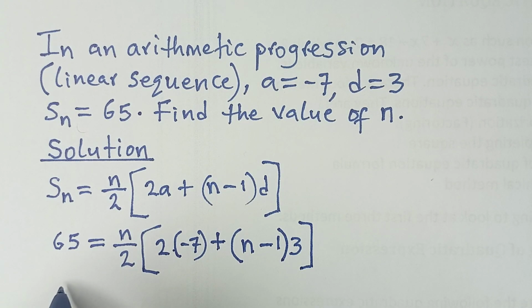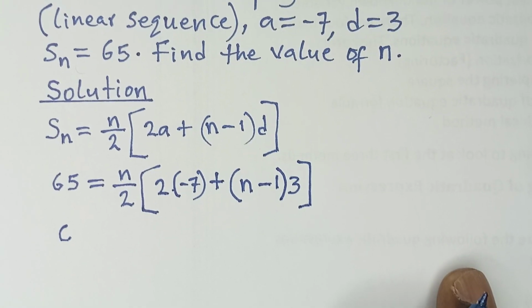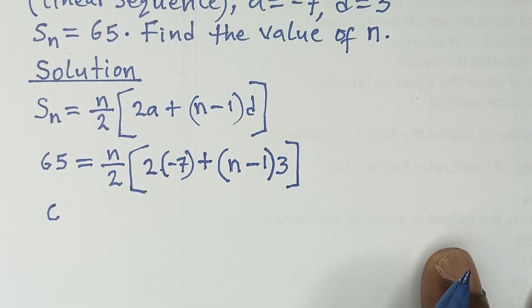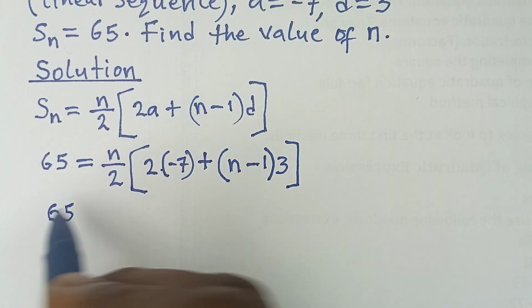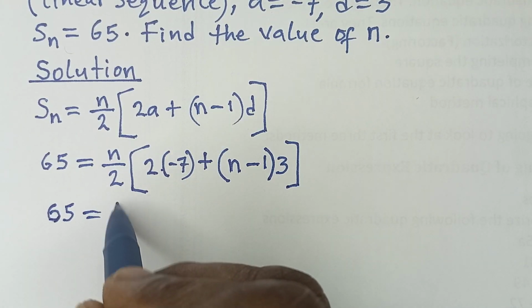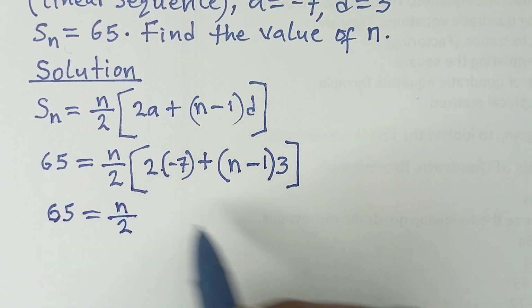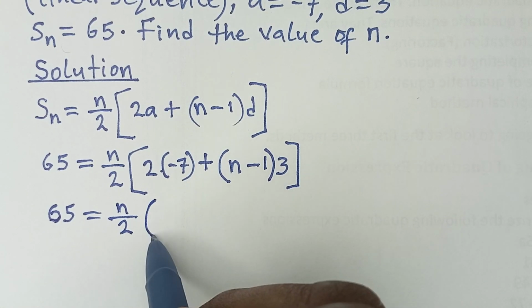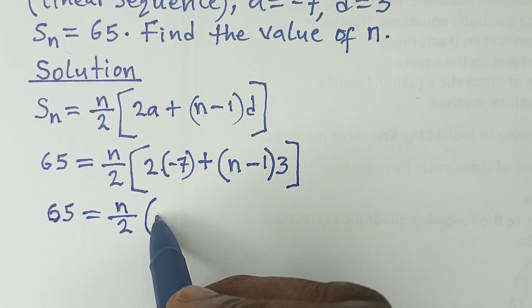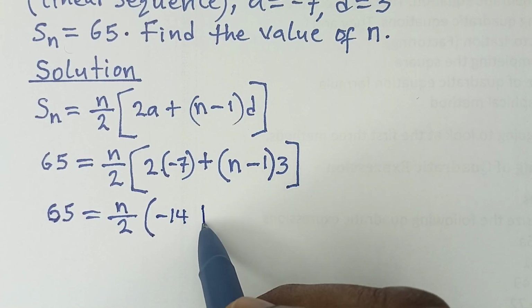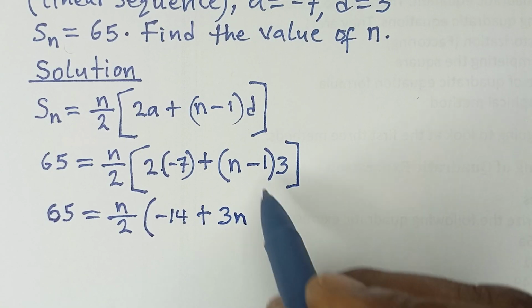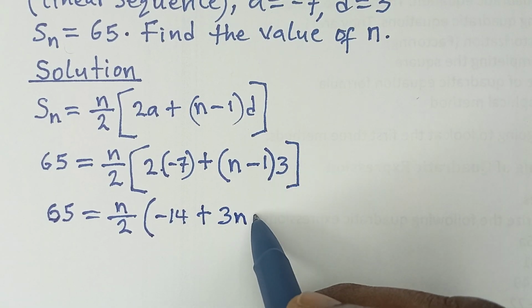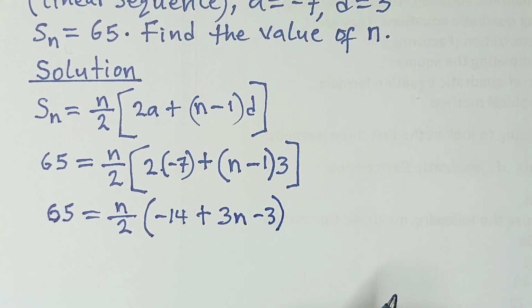So we can simply write this as 65, and then we simplify further. So I'm writing this as 65, which is equal to n over 2, bracket open, 2 multiplied by -7 is -14, plus n multiplied by 3 will give us 3n, and then -1 multiplied by 3 will give us -3, and then bracket close.